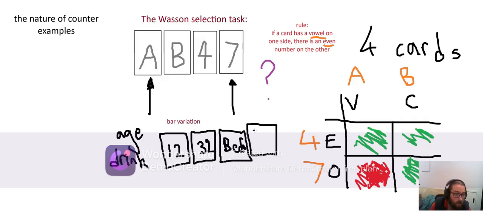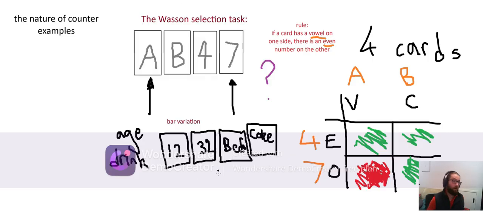So we're going to say Coke, like Coca-Cola. Sorry about the writing. And now let's say you're a police officer and you've entered into the bar and you need to make sure that no one's underage drinking. All right, make sure nobody's underage drinking. Underage drinking is really bad. So, gotta make sure that's not happening. Now what cards do you flip over?